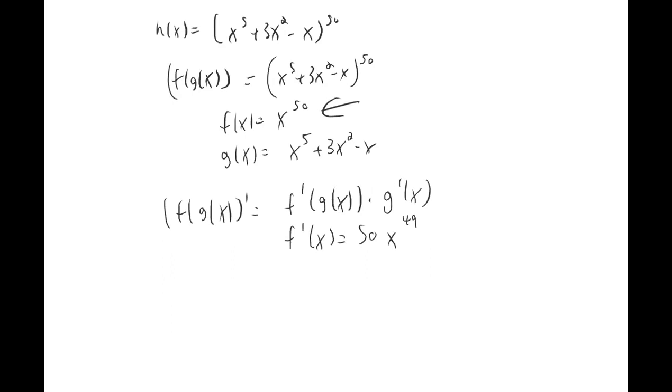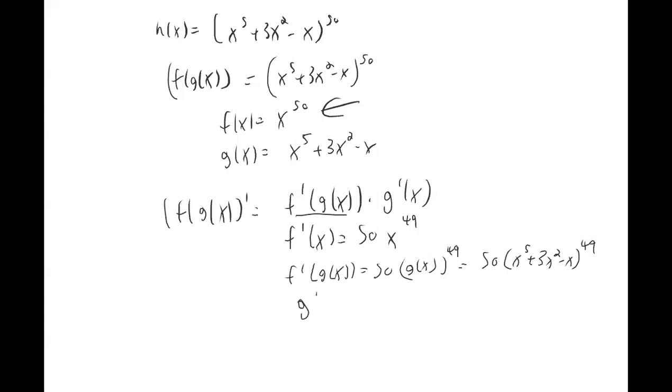Now, I don't want f prime of x, I want f prime of g of x. So again, plug in g of x for x. So this is 50 times x to the fifth plus 3x squared minus x, all to the 49th power.